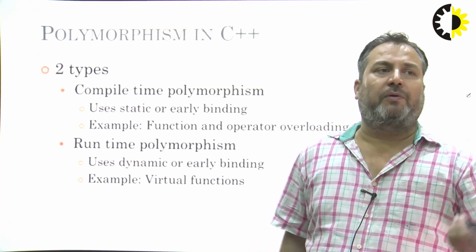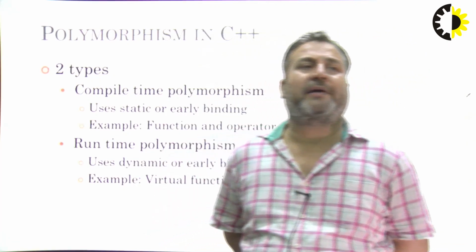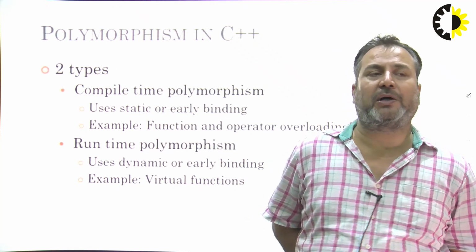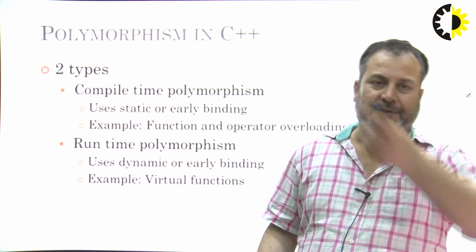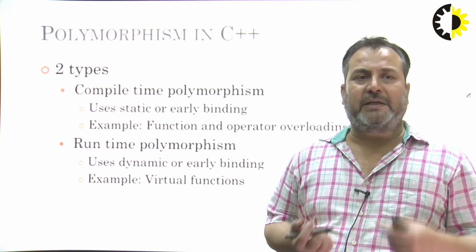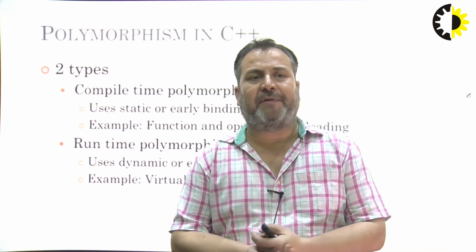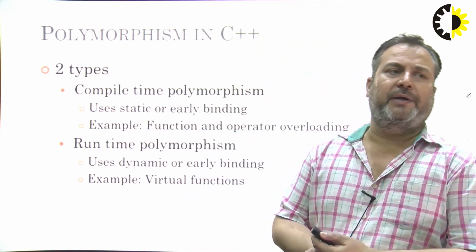First, compile time polymorphism is also called static or early binding, because it can be seen at compile time, and it can be implemented by function and operator overloading.